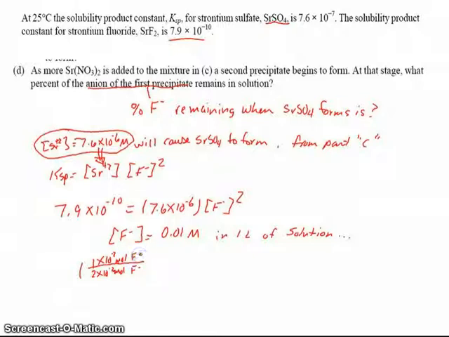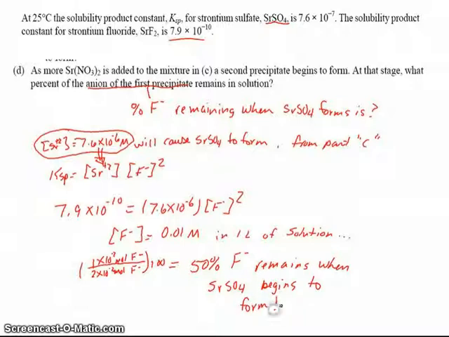And I want that expressed as a percentage, and so I'm just going to multiply that by 100, and that is about 50% of the F minus remains when SrSO4 begins to form. And so, there we have it. That's all it takes to answer the question from 1985.